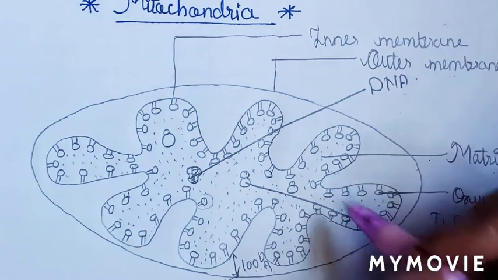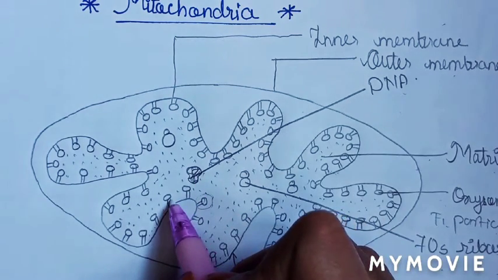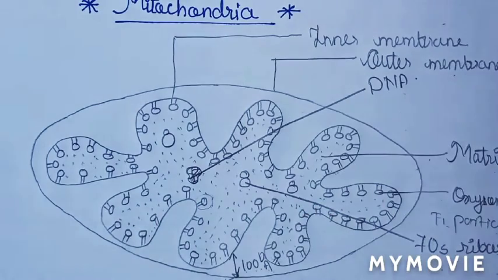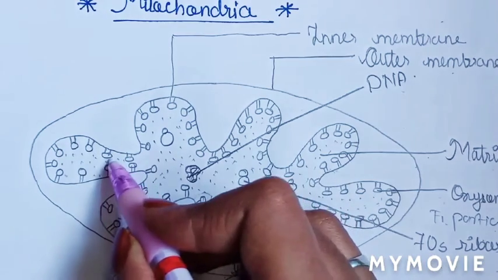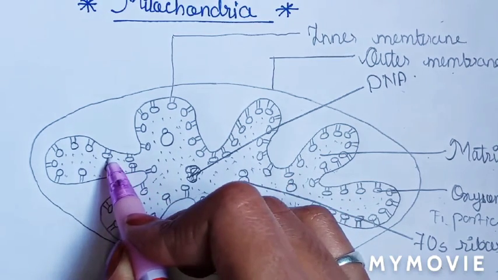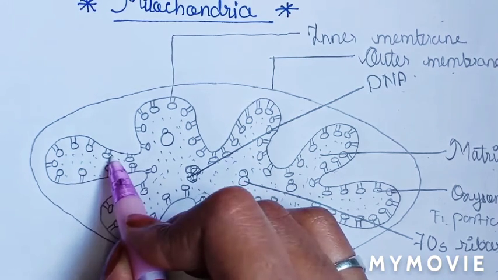Cisternae contain a number of oxysome particles. These oxysome particles are also known as F1 particles, Moron particles or elementary particles, because these particles were observed or discovered by F. Moron. The name of the scientist is F. Moron. He observed these particles.